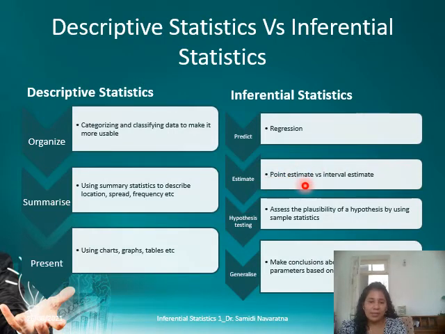So we'll be learning about these in this lecture. And then hypothesis testing assesses the plausibility of a hypothesis by using sample statistics. And in generalizing, we make conclusions about the population parameters based on the sample estimates.